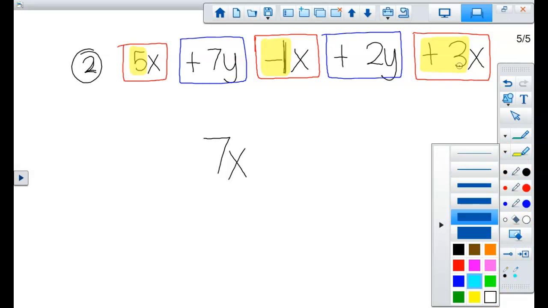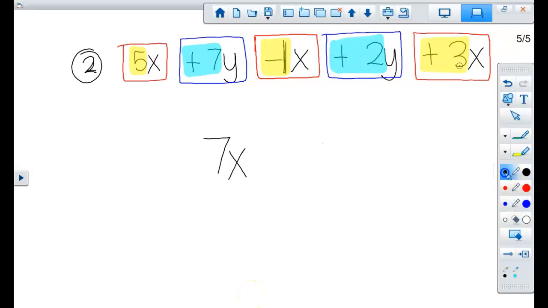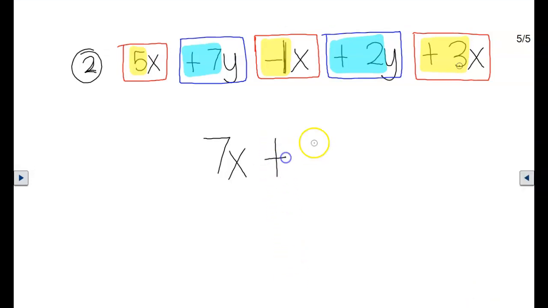And I can do that by combining their number parts. So I'm going to do what this says. This says to do a positive 7 plus 2. So if I do a positive 7 plus 2, that is going to be a positive 9. So positive 9, I'm going to put plus 9 because he's positive. Plus 9 what? Well, the last name of these two terms was y, so this guy's last name will stay the same and will be y.